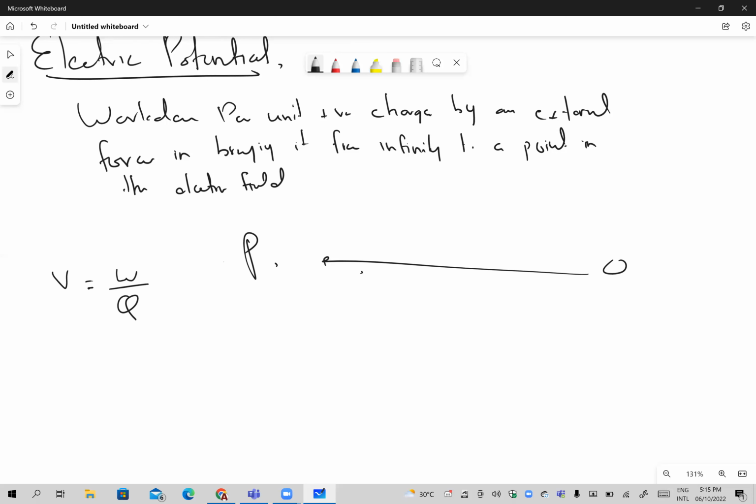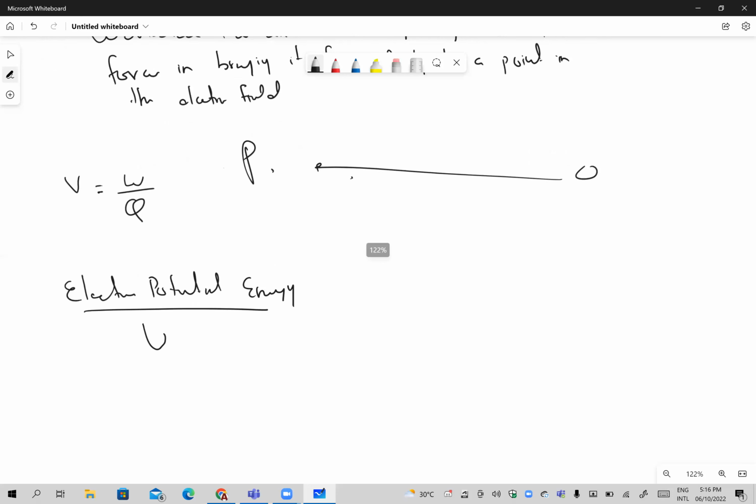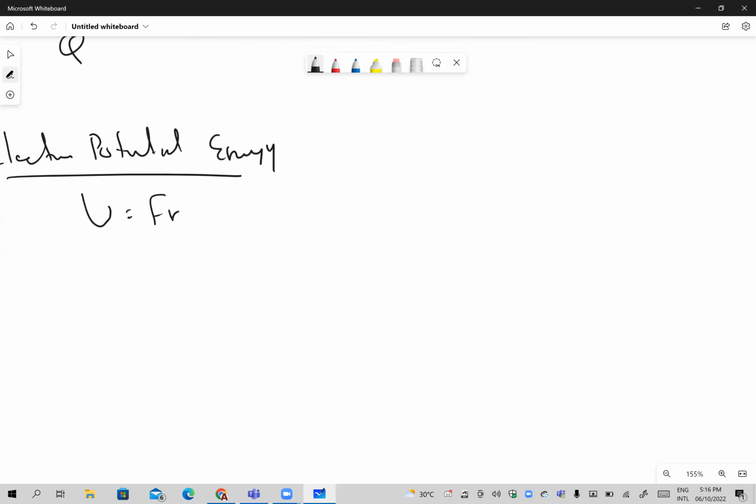Similarly, you can deduce a formula for electric potential energy as well. Once we've studied potential, we can also understand the concept of electric potential energy. Once again, it's similar to the differences that we had studied between gravitational potential and gravitational potential energy. So electric potential energy has a general formula of U equals Fr. F is force, R is radius, U is electric potential energy.